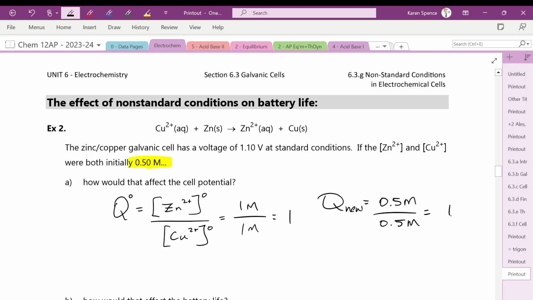So Q is the same. We haven't moved closer or further from equilibrium, so the potential will stay the same.